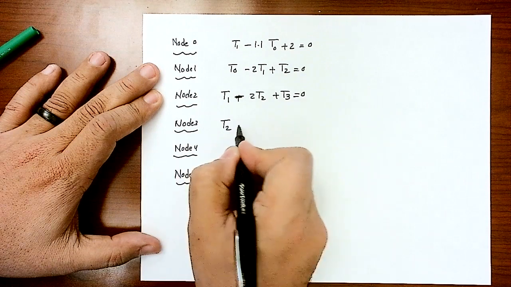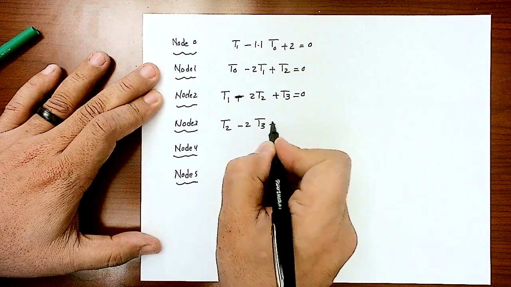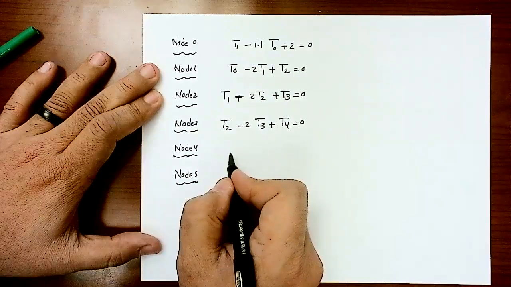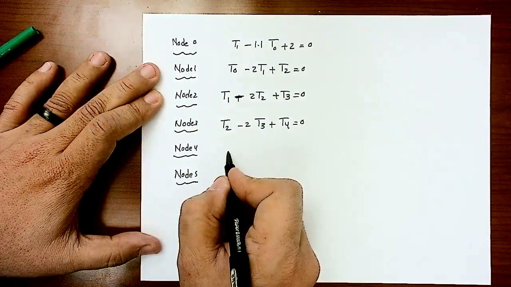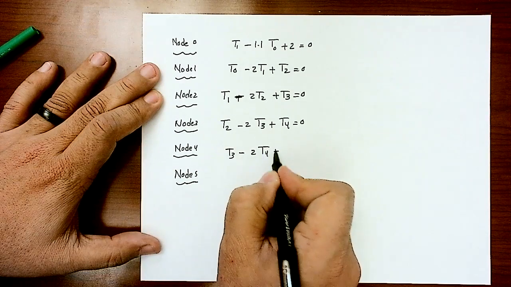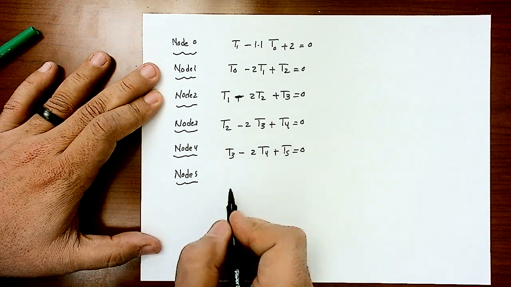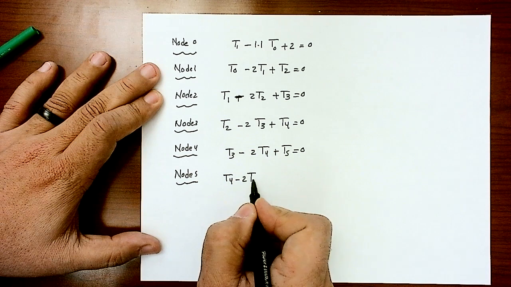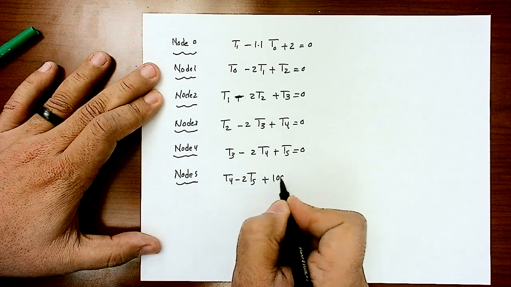I got T2 minus 2 T3 plus T4 equals 0. For node 4, I got T3 minus 2 T4 plus T5 equals 0. Then for the last node, I got T4 minus 2 T5 plus 100 equals 0.